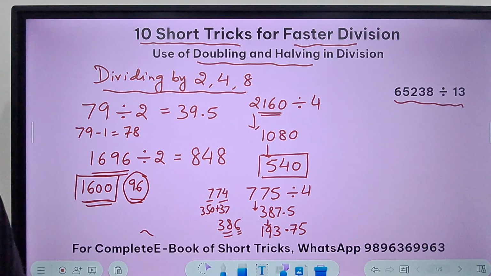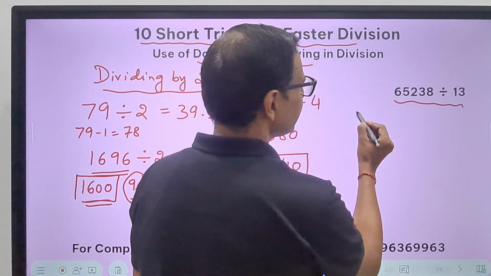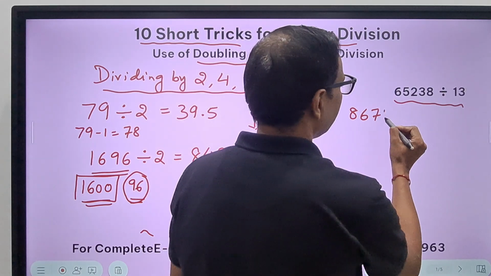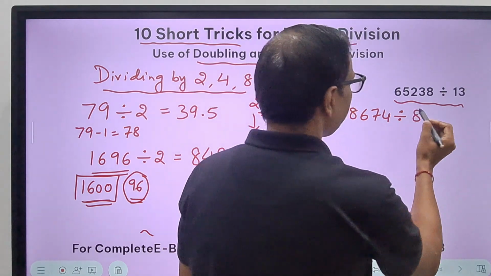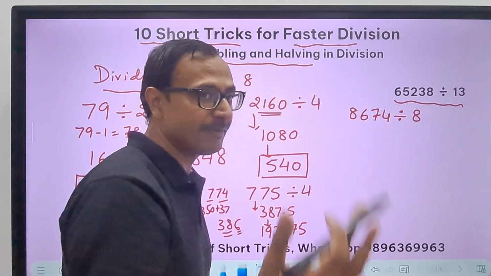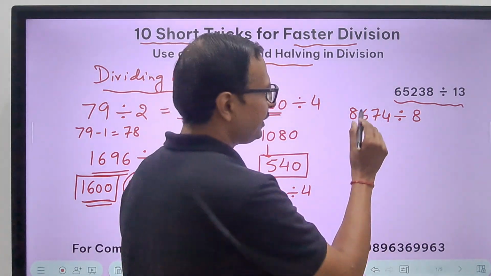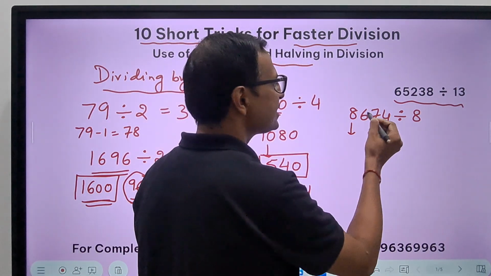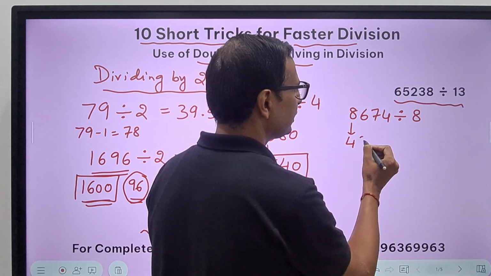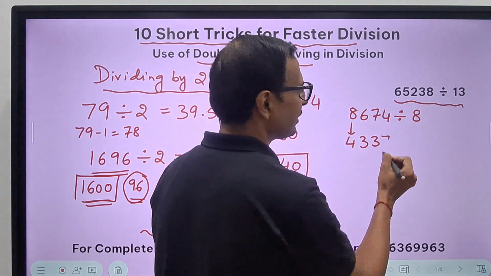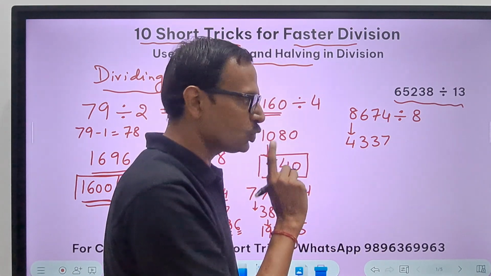Let's have a question where we have to divide a number by 8. Let's take an even number first, 8674, and divide that by 8. I am just taking up repeated halving as of now to divide numbers by 2, 4, 8. Repeated halving means 8, 6, 4, 8, right? So 4, 3 and 74 is 37. So this is division by 2.